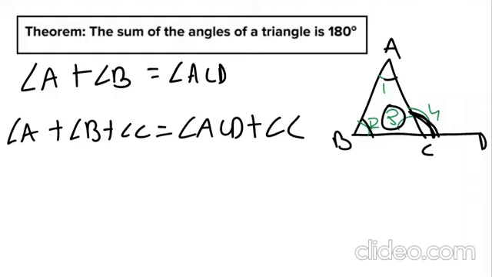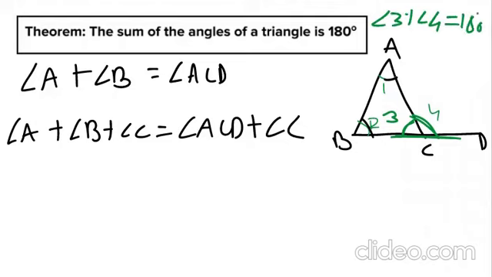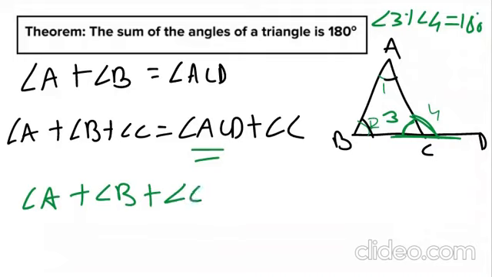Can you see that it is forming a linear pair? This and this, it's on a straight line, it's making a linear pair. That means angle 3 plus angle 4 is how much? 180 degrees. Now what is ACD? ACD is angle 3 only. So what can we get from here? Angle A plus angle B plus angle C is equal to 180 degrees.